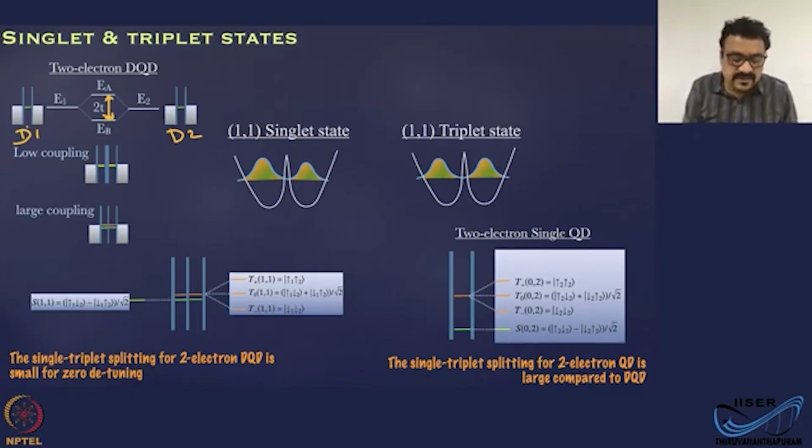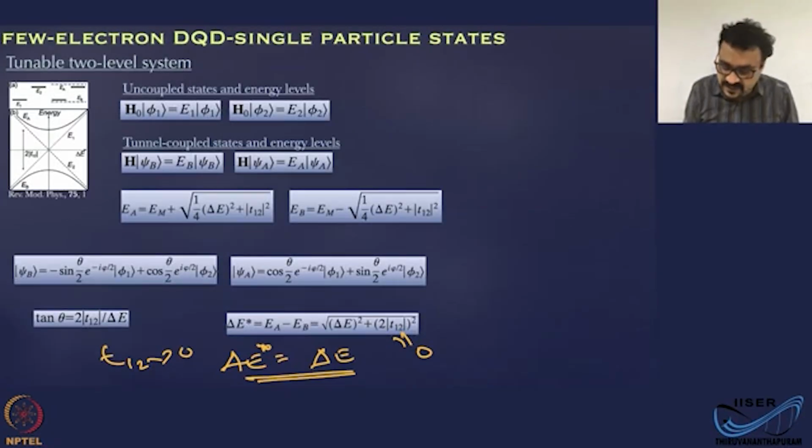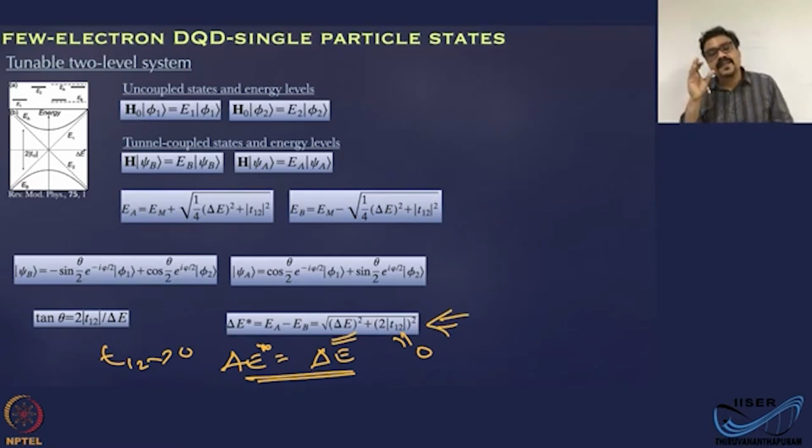The separation between EA and EB is a function of tunnel coupling, and you can see that from here. This says delta E is the original spacing, which is 0 in our case, because we have assumed E1 and E2 are the same, and 2T is the tunnel coupling. That is the only thing which is going to contribute to the energy difference between the resultant states.